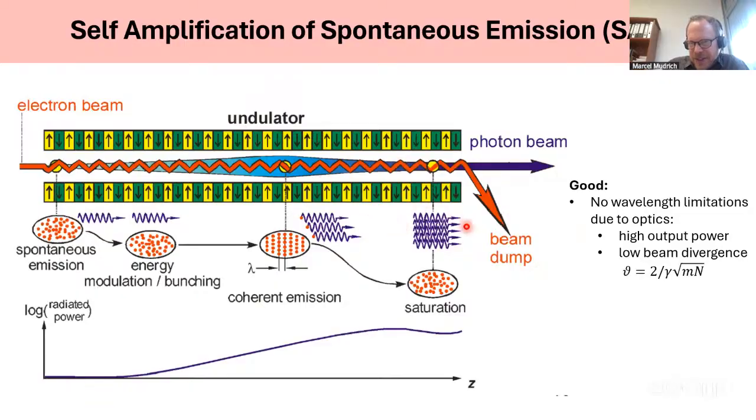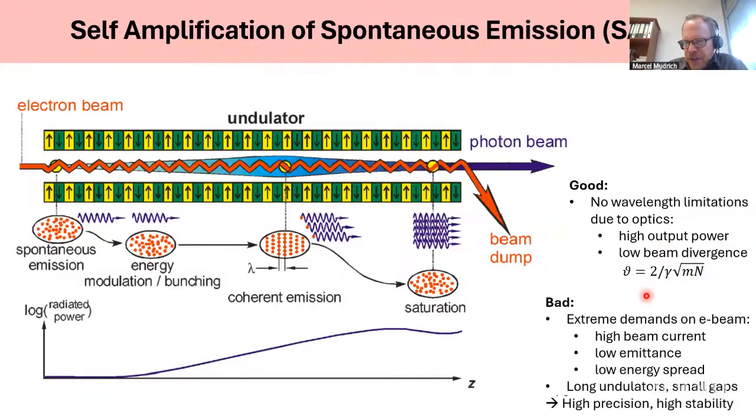Since this emission is coherent, we get a low beam divergence, but still, the quality is not as good as if we had a resonator. Of course, an optical resonator helps to get very clean both spatial and spectral properties of the radiation. This is still radiation born out of spontaneous emission. But yeah, it's a low divergence beam.